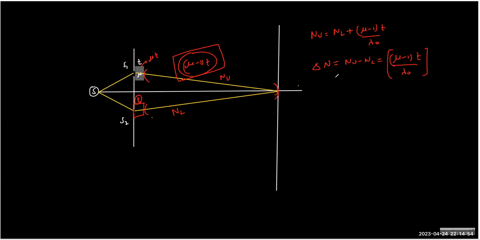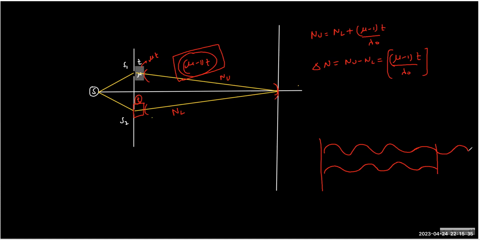Imagine if the number is 2. What will you get? Still maximum. Again, 3. Maxima. If the difference is an integral number of wavelength, it means you are again coinciding, right? If I draw something here, one less, and now I increase one more, everything is in phase, you can see.